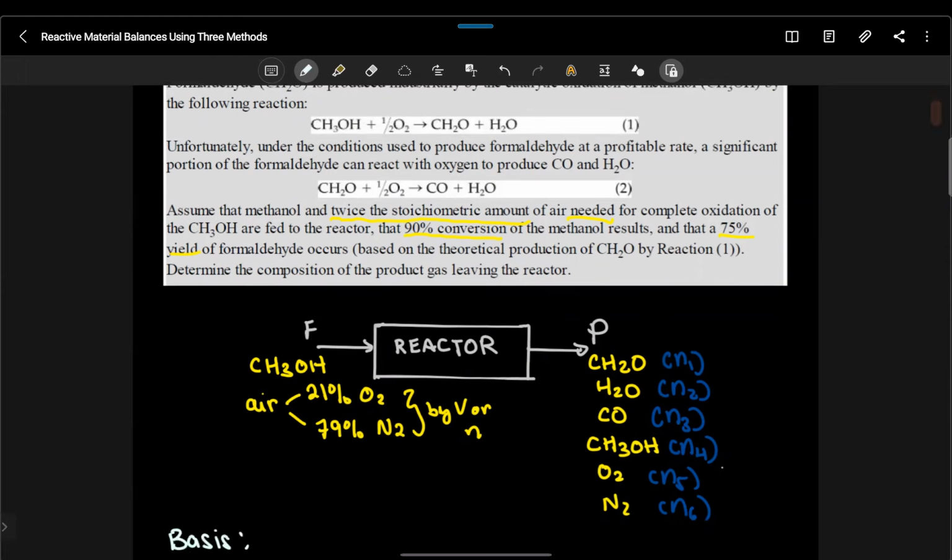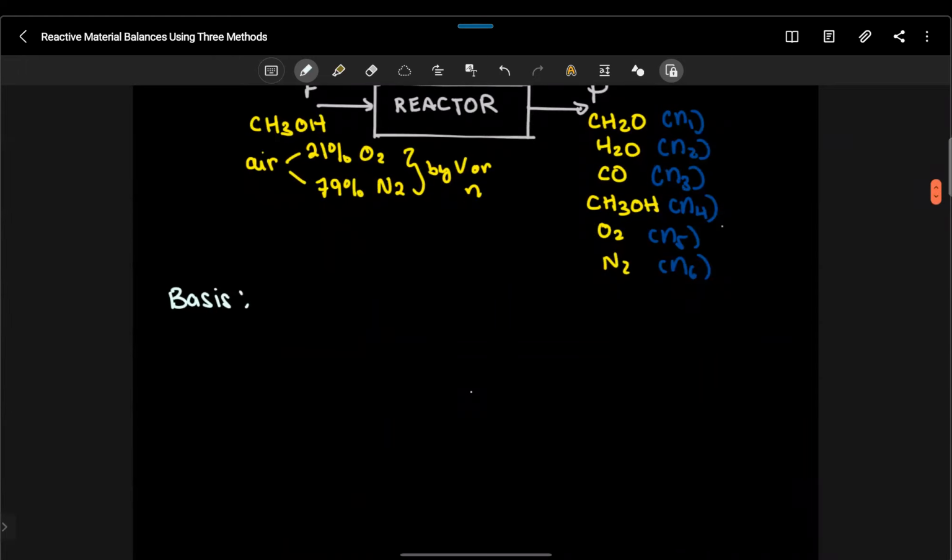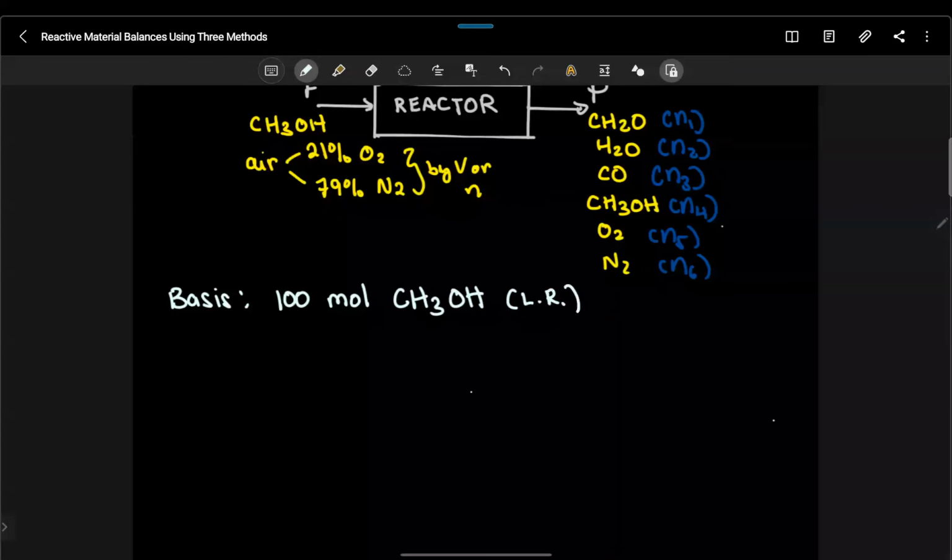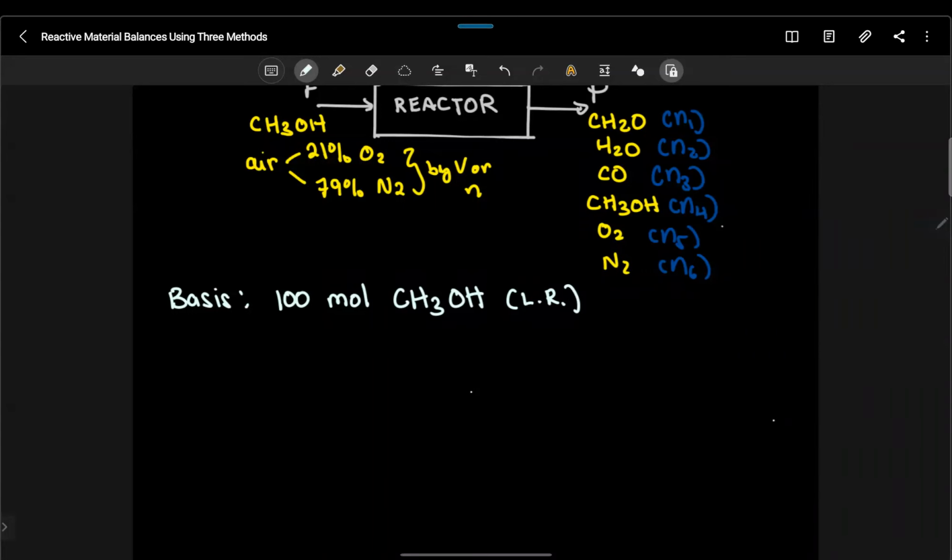Okay, so therefore, mag-umbento tayo ng basis, sabi natin 100 moles of methanol yung ating pinasok. Okay? And assuming also that the limiting reactant is methanol. Okay. And that makes sense because for oxygen, which is one of the reactants, dinoble natin yung stoichiometric amount needed. So probably oxygen here is an excess reactant. Okay.